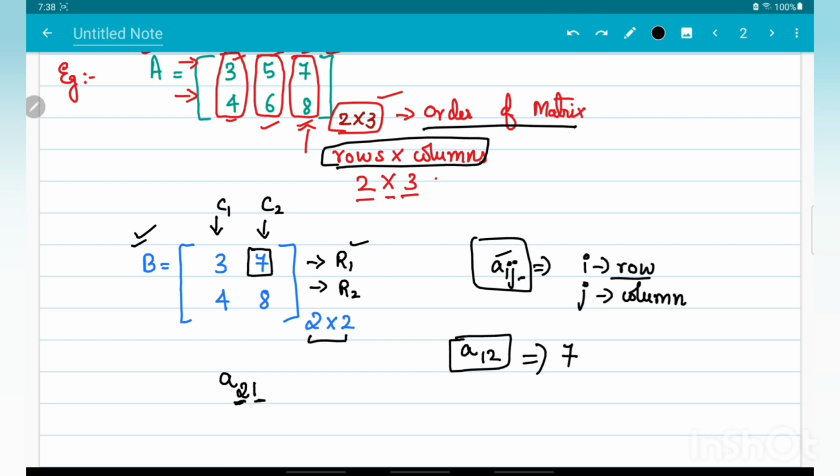Okay, 4 and 8 are the elements belonging to the second row. Then you have to check for the first column. Second row, first column. So if you check, 4 is the element that belongs to the second row and the first column. So if I ask you which is the A21 element, you will write it as 4 because 4 is the element that belongs to the second row and the first column. So that is how you name the elements of a matrix.